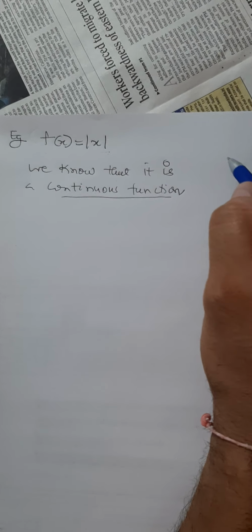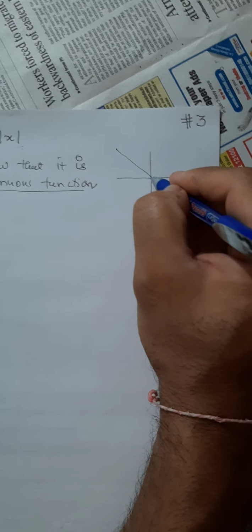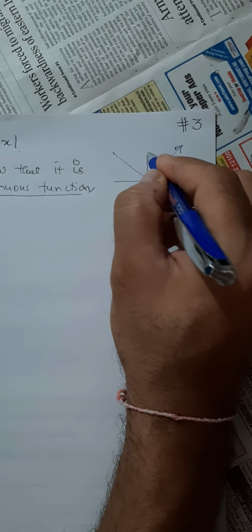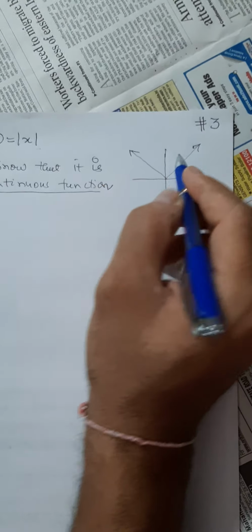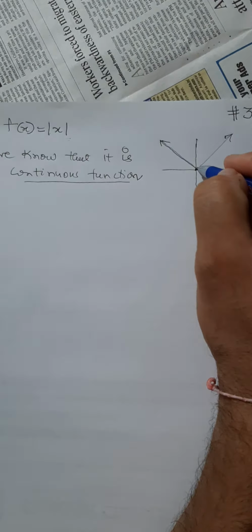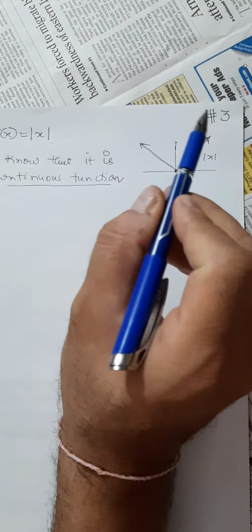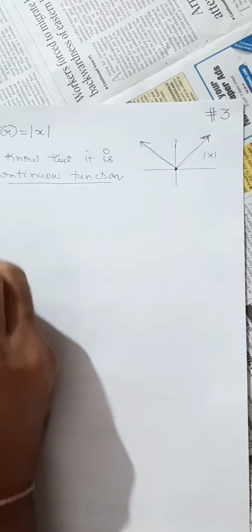You just recall the graph of this function. Union of two rays at the origin, if you recall. Like this. The graph you know from 11th standard. This is the graph of the modulus function. One ray at the origin, the other ray at the origin. It has a corner here, remember. So this is the modulus function. You can draw the graph without lifting the pencil from the paper, so it's continuous.